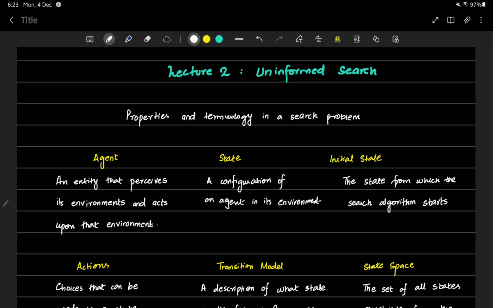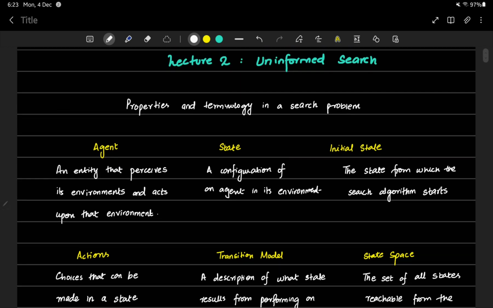And the reason why I'm going to first take time to explain the terminologies in greater detail is because you will see these terminologies coming again and again and again till the end of the course. Like, you would see what's a transition model, a state, an initial state, what's a state space, actions, and all these things again and again till the last lecture. So it's important, and it's really important actually, that we understand them in detail before diving into this course further.